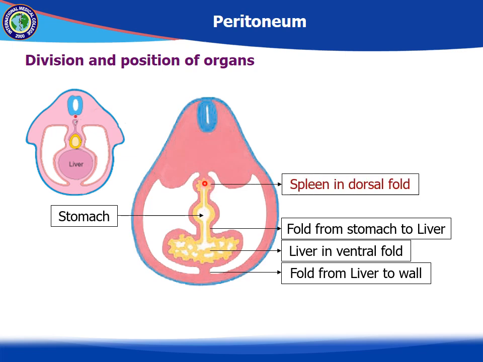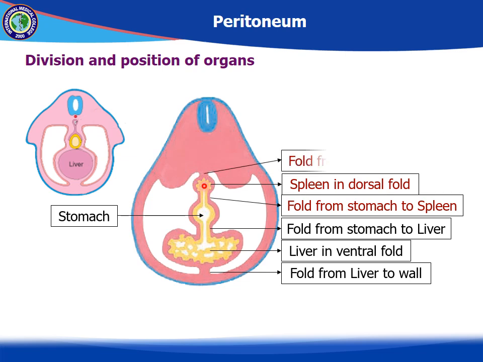On the back, in the dorsal fold, there is the developing spleen. The spleen has divided the dorsal fold into an anterior part that connects the stomach greater curvature with the spleen, and a posterior part, by which the spleen is connected to the posterior wall. You see, the stomach is much larger, the greater curvature is a much larger area than the spleen.